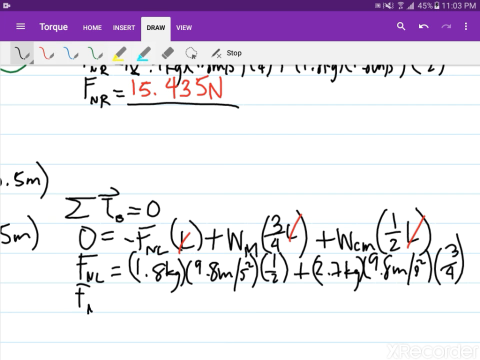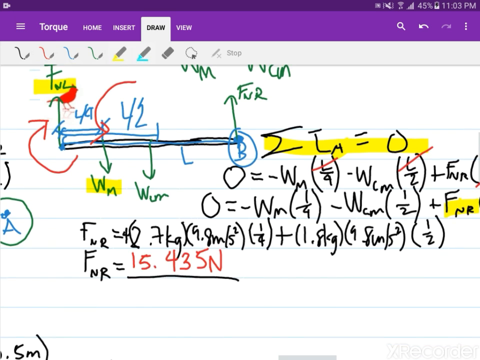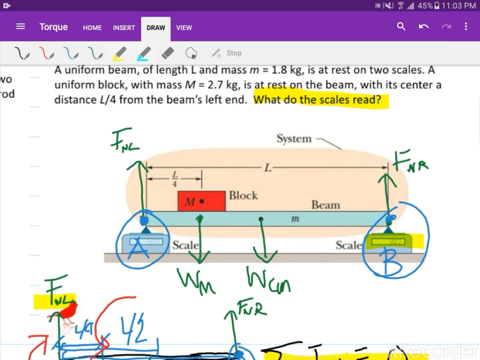So this will have a value of 28.665 newtons. So the reading on the left would be 28 newtons.